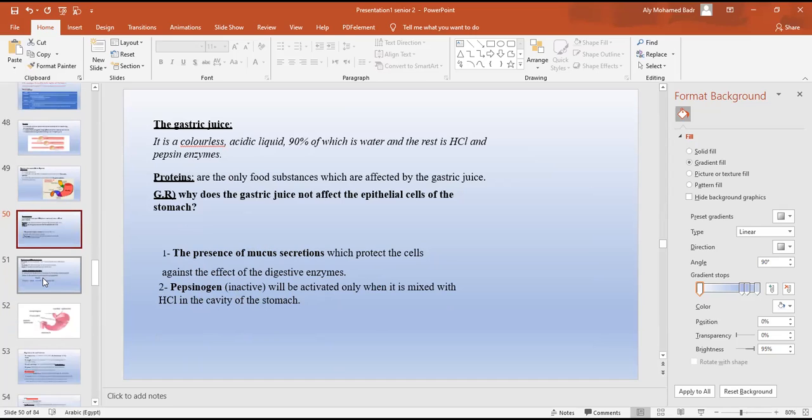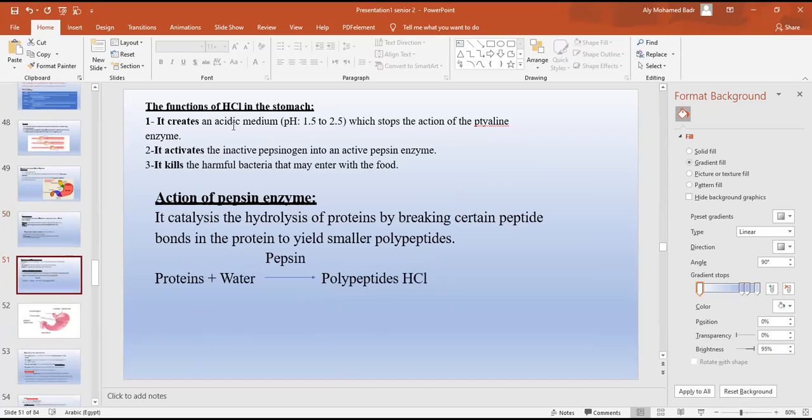Let's move to the other part, the functions of the HCl. Number one, it creates an acidic medium. Number two, it activates the pepsinogen. Number three, it kills the harmful bacteria that enter with the food. We remember that the amylase enzyme inside our mouth, which hydrolyzes the starch, works in an alkaline medium.